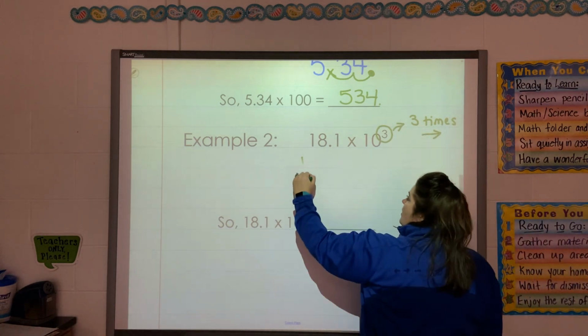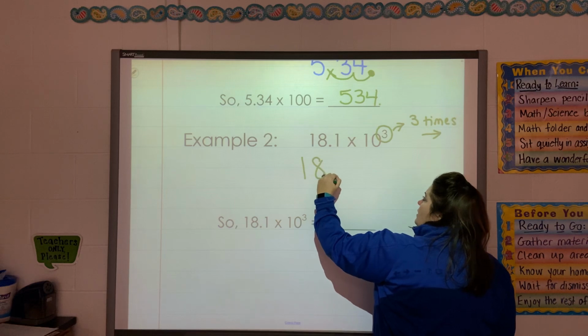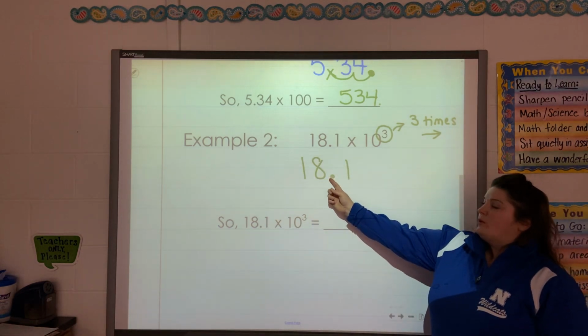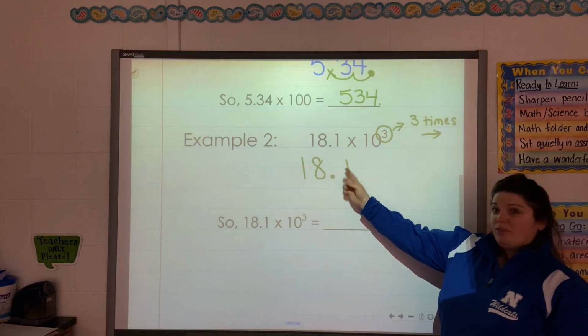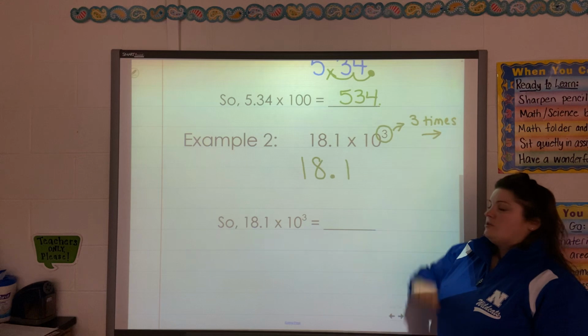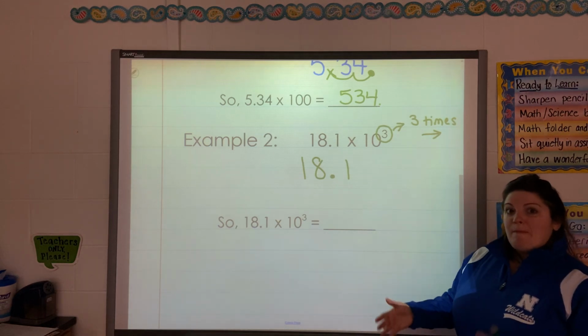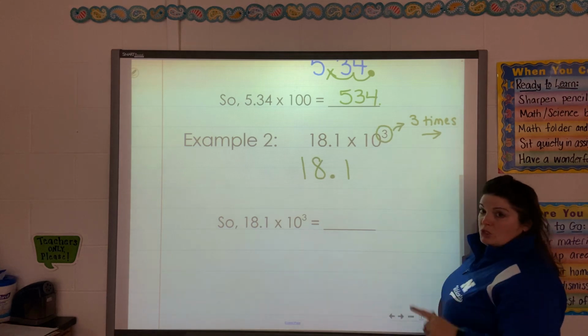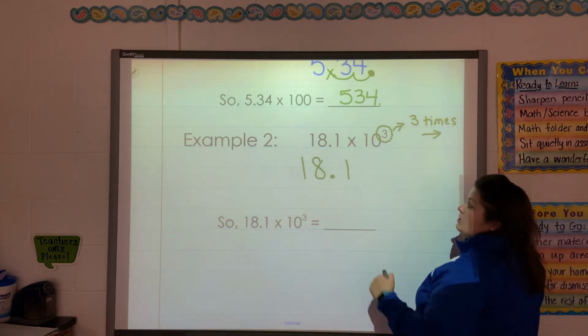So when I have my decimal, 18 1/10, when I move my decimal point to the right, I need to move it 3 times, but I can see I only have 1 digit after the decimal point. So what is that magic number that we can write at the end of a decimal that doesn't change the value? Zeros.